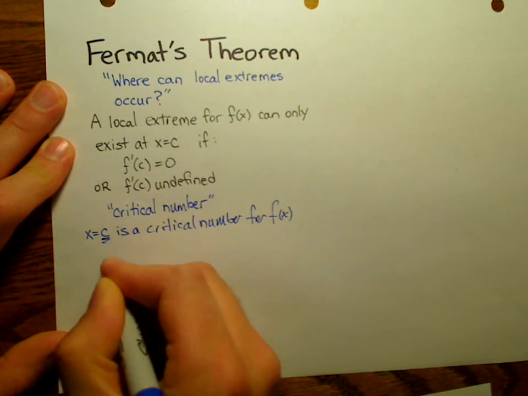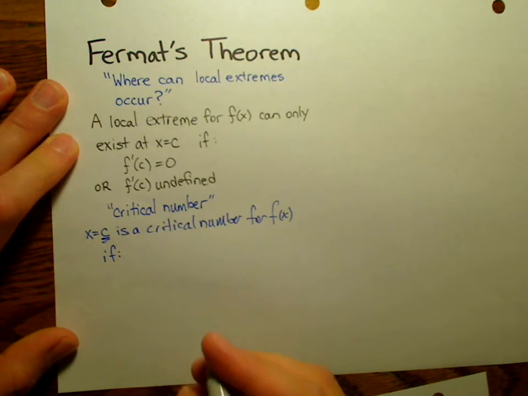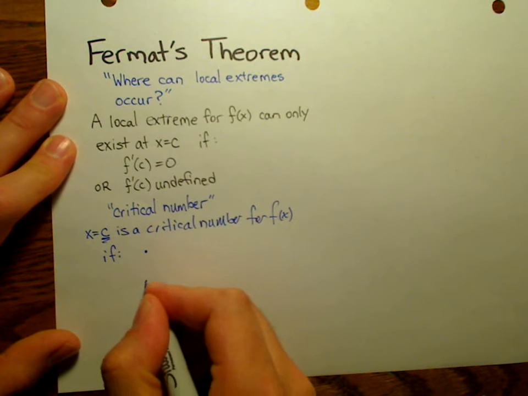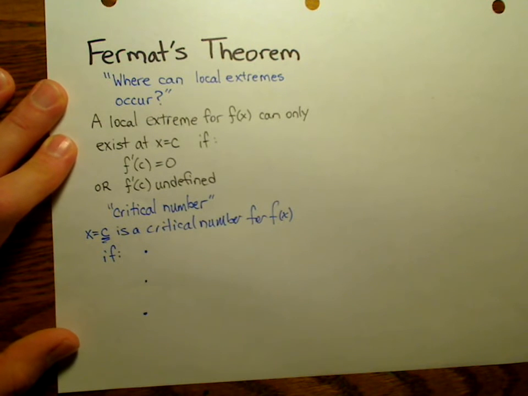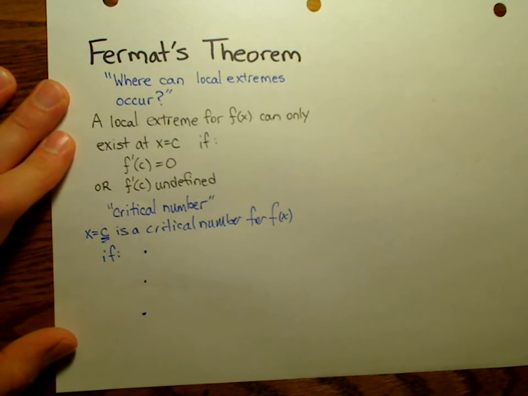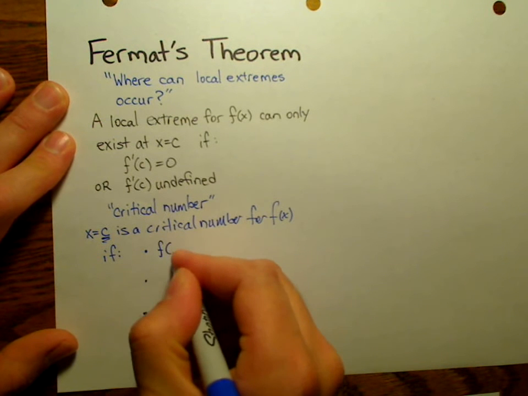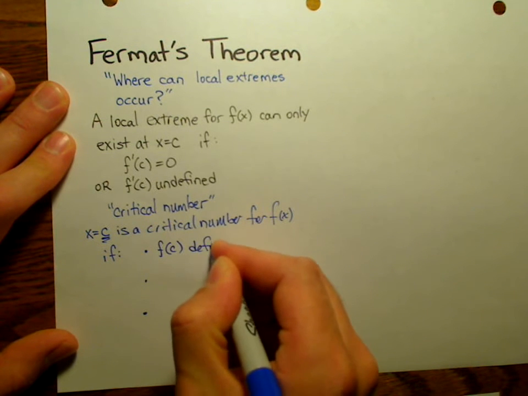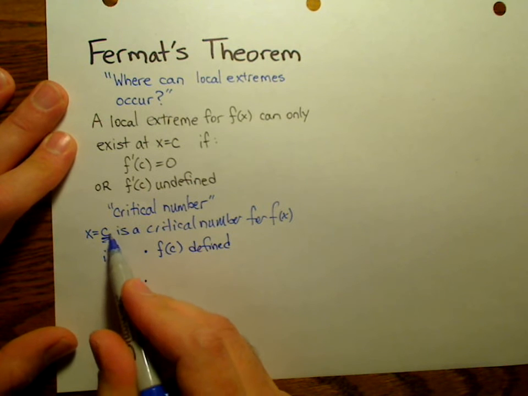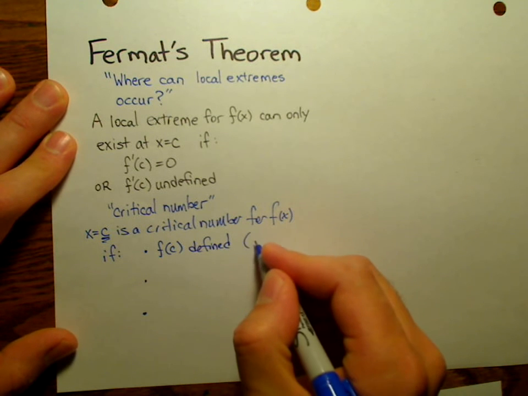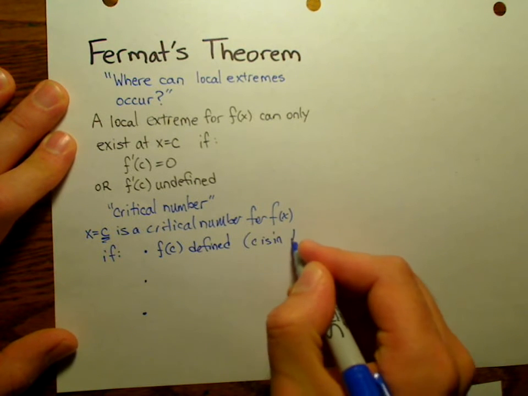For f of x, if, and then there are three conditions. Sometimes these get tucked away inside the way the definition is phrased, but I'm going to lay them out like a checklist. First off, you need f of c to be defined. A lot of times they say a number c in the domain of f. So c is in the domain of f.